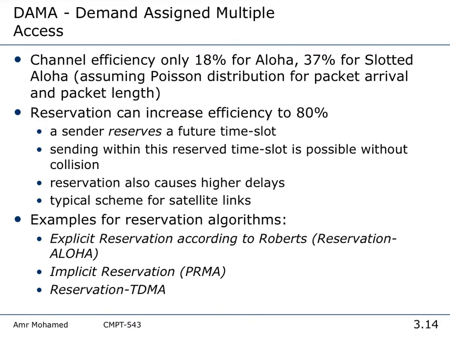This reservation can increase the efficiency up to maybe 80%, and in some cases even higher, because sending within the reserved time slot is collision free. Once we reserve a specific duration, only one node will send during the reserved time slot, which means that it's collision free.